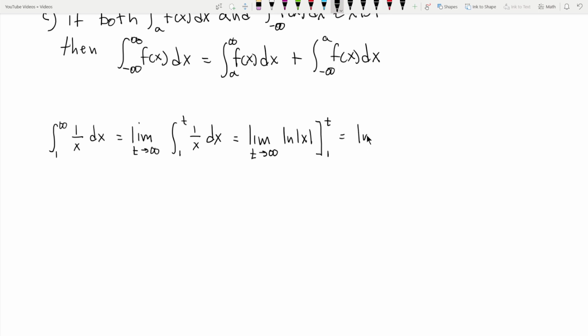So we have ln of the absolute value of t. Whoop, forgot my limit. Don't forget your limit.